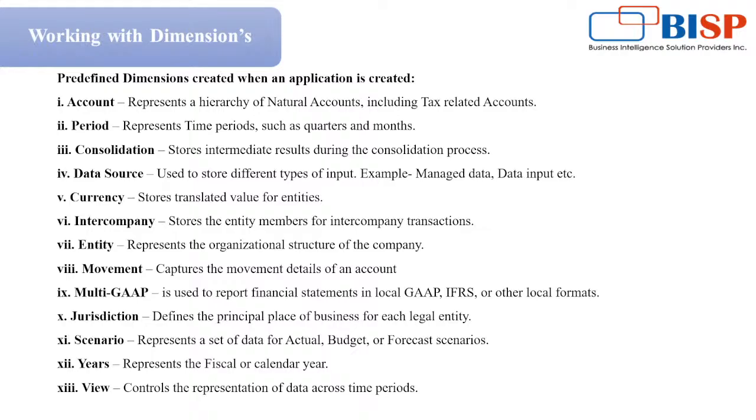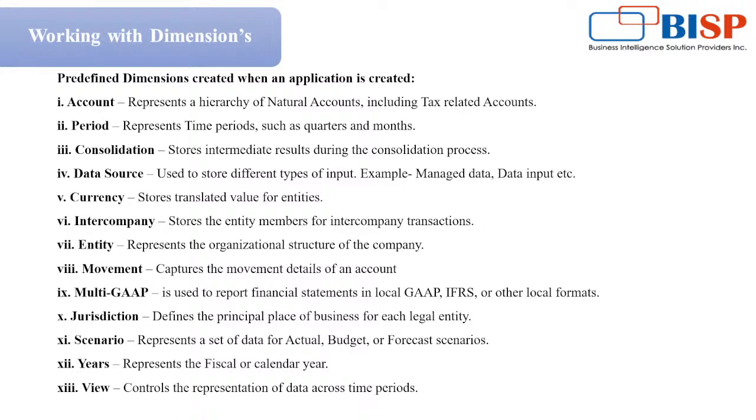These are the 13 predefined dimensions, and the most important ones are account, period, consolidation, data source, currency, entity, movement, multi-GAAP, jurisdiction, and scenario.